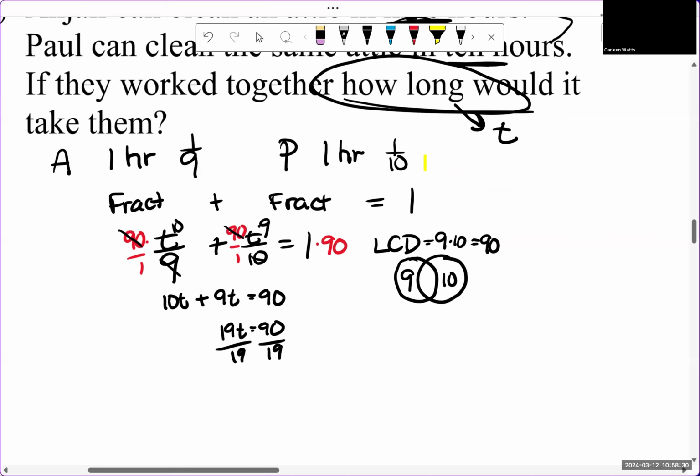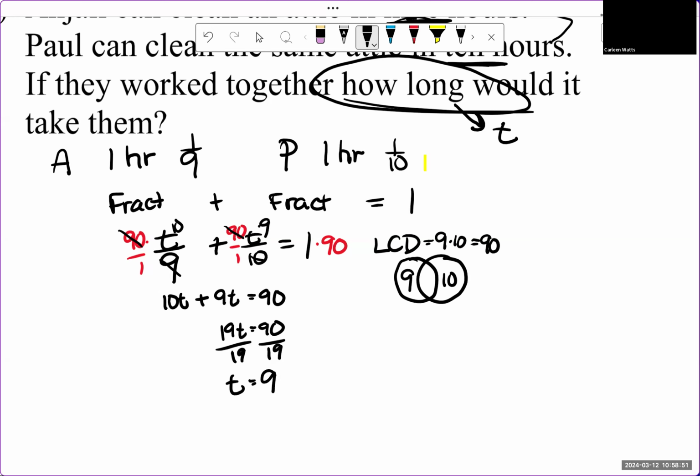Okay, let's solve. T is equal to 90 divided by 19. 4.7. Very close to in between 4.5 and 5.